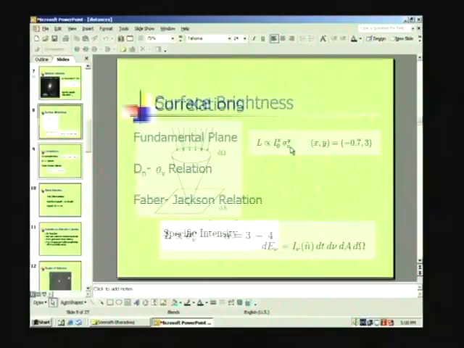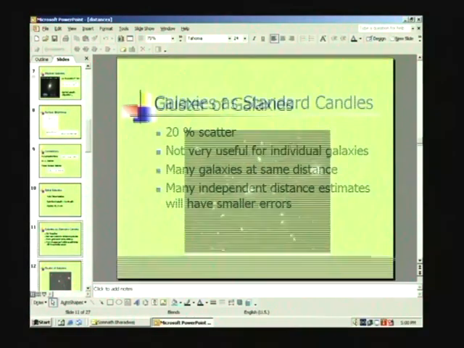And our discussion in the last class was based on this. We had discussed how different galaxy properties are correlated, and one can use these to determine certain properties of the galaxies which can be used as standard candles and then measure distances. So, this was the discussion of the last lecture.